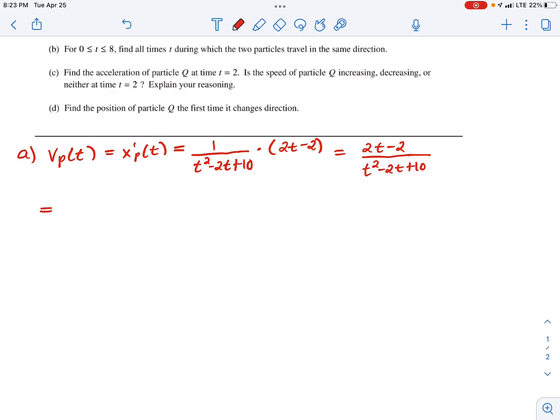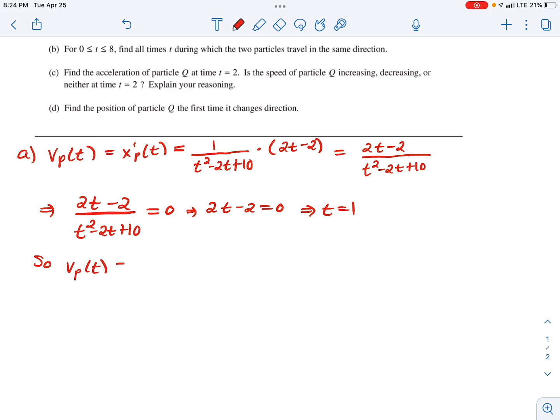You would set this equal to 0, which just implies that the top is equal to 0. And then when you solve this equation, you should get t equals 1. So the velocity is equal to 0 when t equals 1.